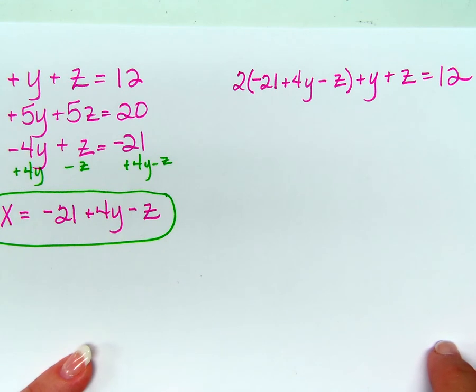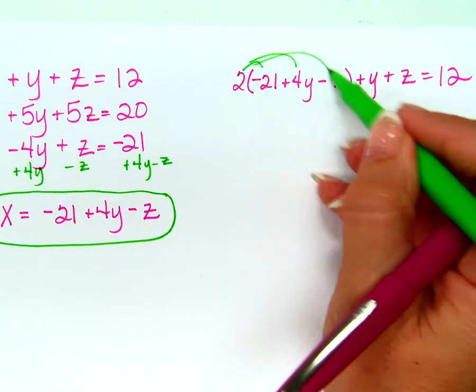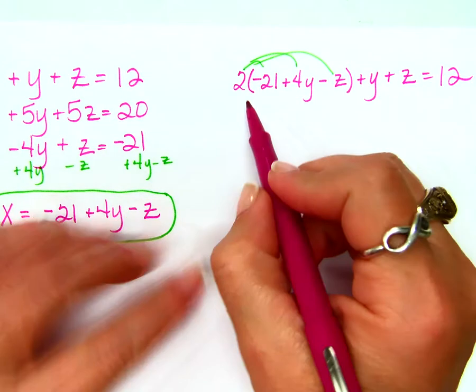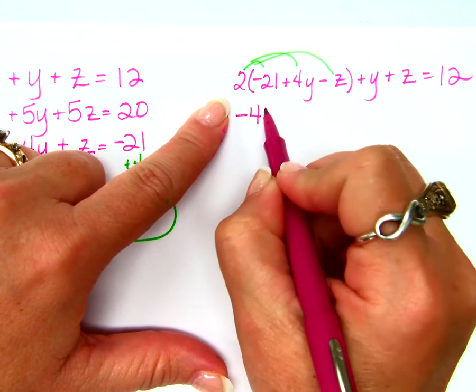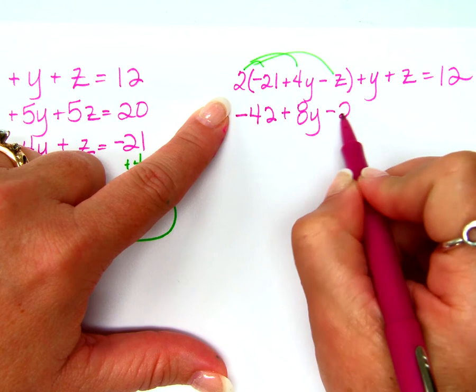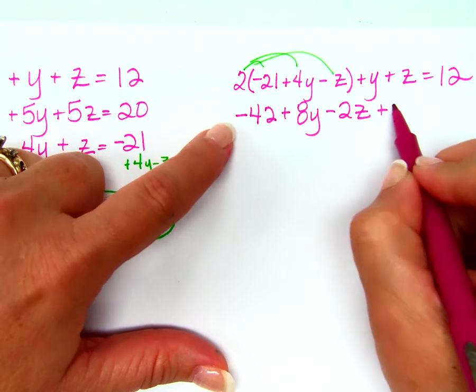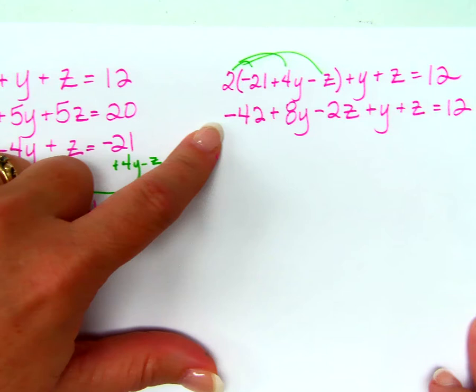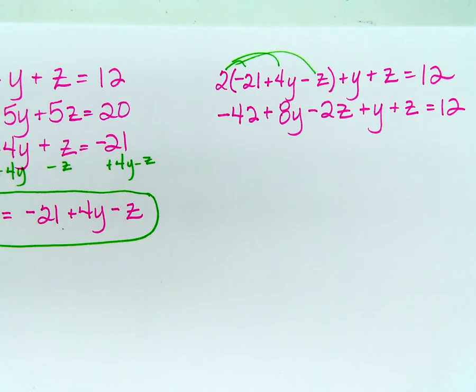Now I just need to distribute that 2, right? Sometimes it helps if you make the sounds. Just teasing. So negative 42 plus 8y minus 2z plus y plus z equals 12. Now what? Combine your like terms.